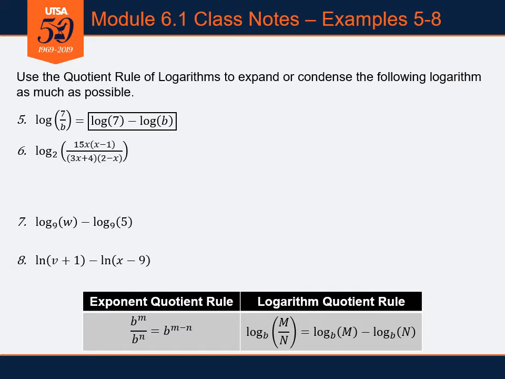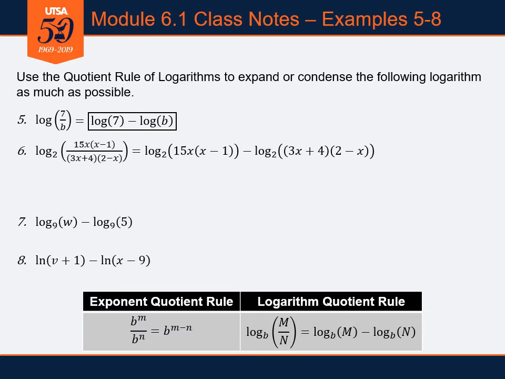We have a quotient. And I can split that quotient up into a difference of two logarithms, like so. Log base 2 of the numerator, 15x times x minus 1, minus a separate logarithm, log base 2 of the denominator, 3x plus 4 times 2 minus x.